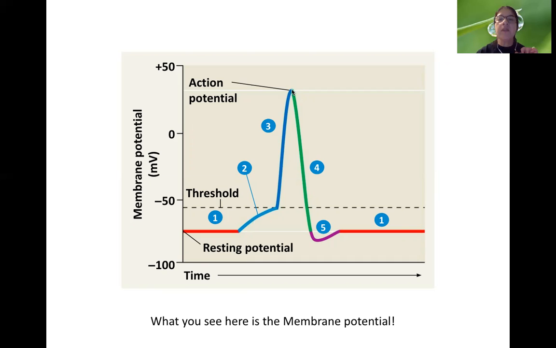When it reaches a certain point, the sodium channels will close, the potassium channels open. Now potassium flows out of the cell, reversing the charges on both sides of the membrane. This is the falling phase. And actually going even a little bit under what it was supposed to be, and eventually restoring the state that it was before.